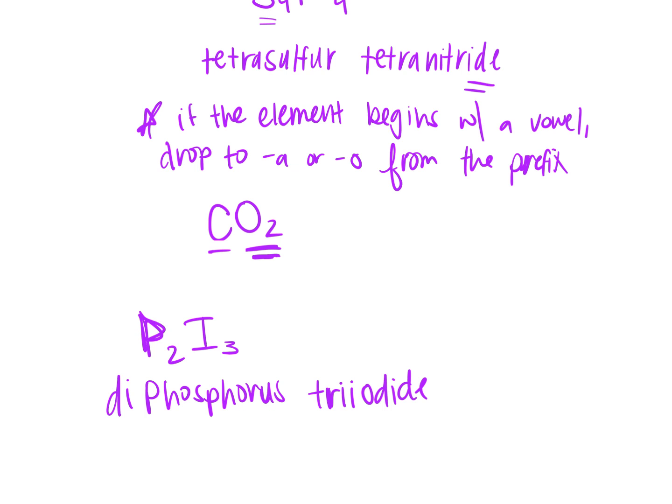It's a little funny. Just like if it was O3, we would call it trioxide, not troxide. So it doesn't apply to the I. Diphosphorus triiodide. Is there a reason you don't drop the I? I think it's just a speech rule, it's just what sounds most appropriate, but I don't know the reason for that.